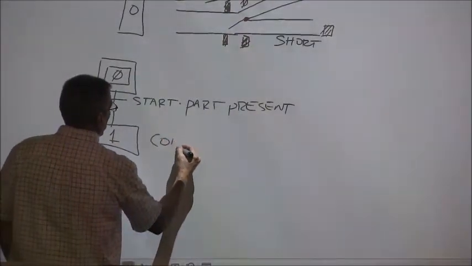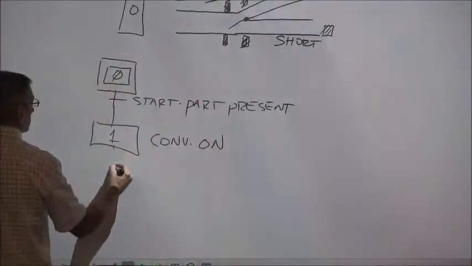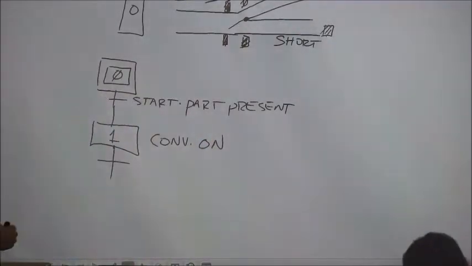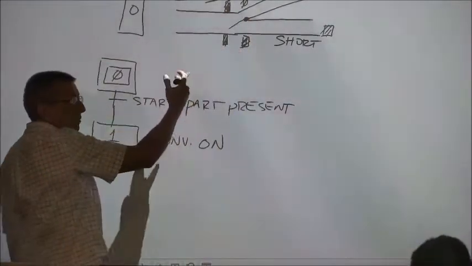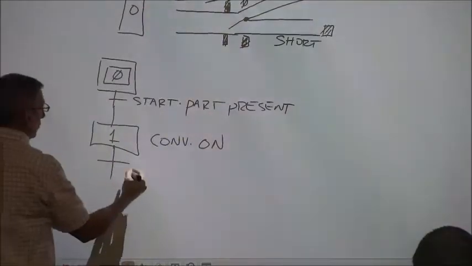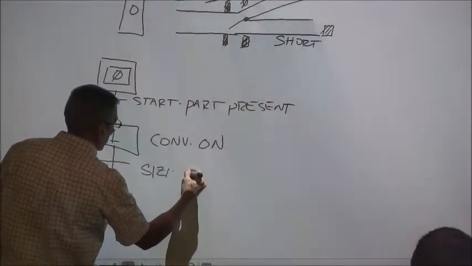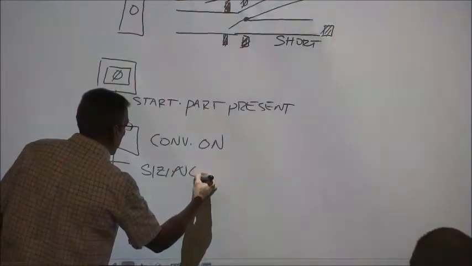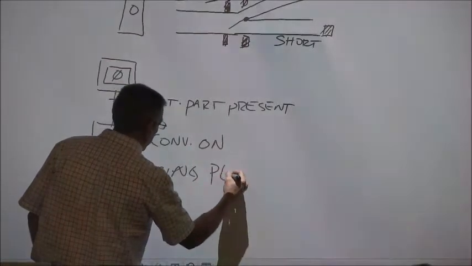Conveyor on, or something like that. Transition 2. Yeah, we've got something going on here at the sizing station before we divert the parts one way or the other. So, sizing. Sizing, photo eye, vision, whatever we're using there.